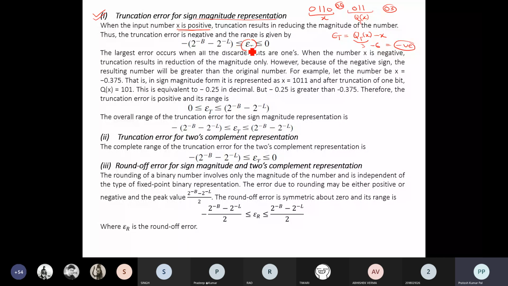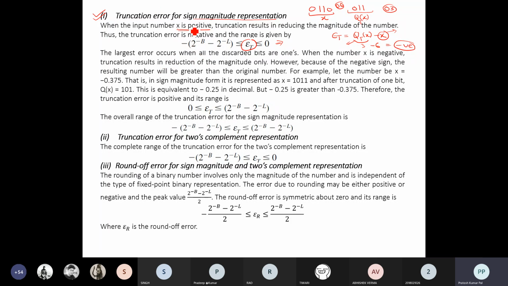In this case, the truncation error will range from 0 to a negative value, that is 2 to the power minus b, where b is the number of bits available after quantization, minus 2 to the power minus l, where l is the length of the initial value. So this is how the truncation error can be represented in sign magnitude representation, in case the number x is positive.